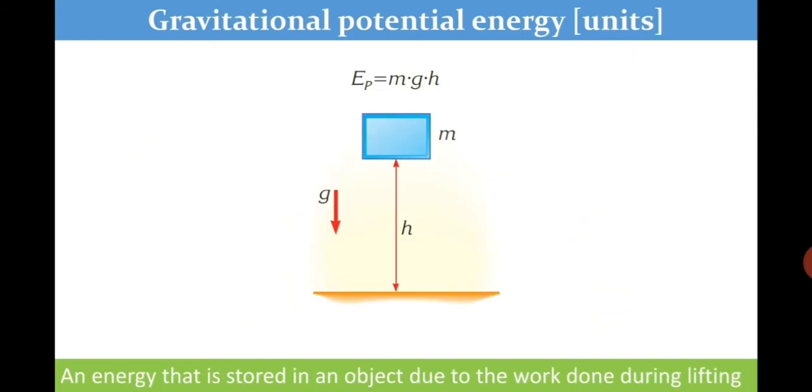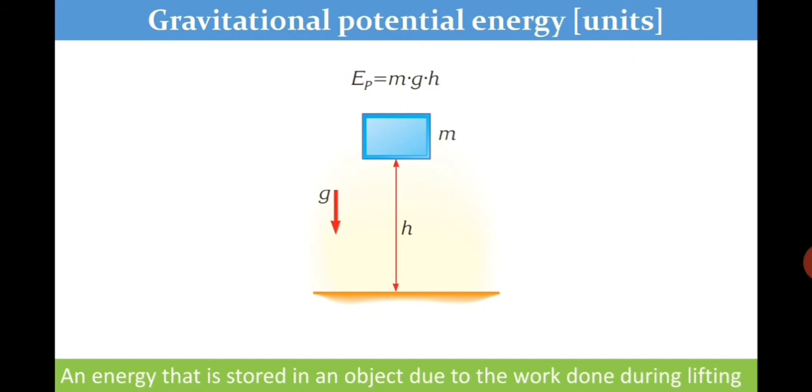There are two types, as I said: gravitational potential energy and the elastic potential energy. Gravitational potential energy is an energy that is stored in an object due to the work done during lifting.